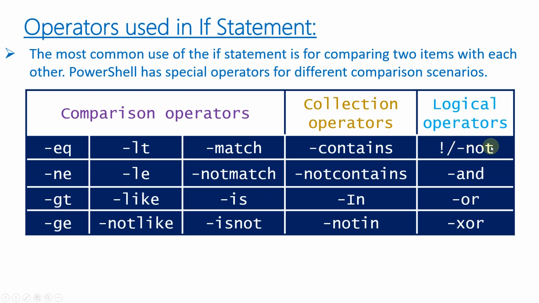And if we have more than one test expression, in between the two test expressions we can use the logical operators and, or, xor. So this is how we can use operators in the if statement.